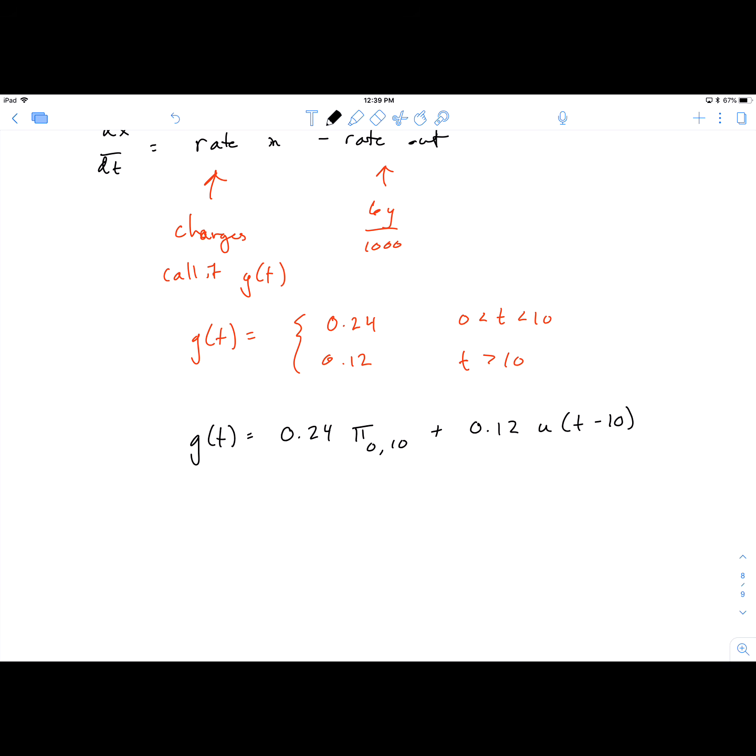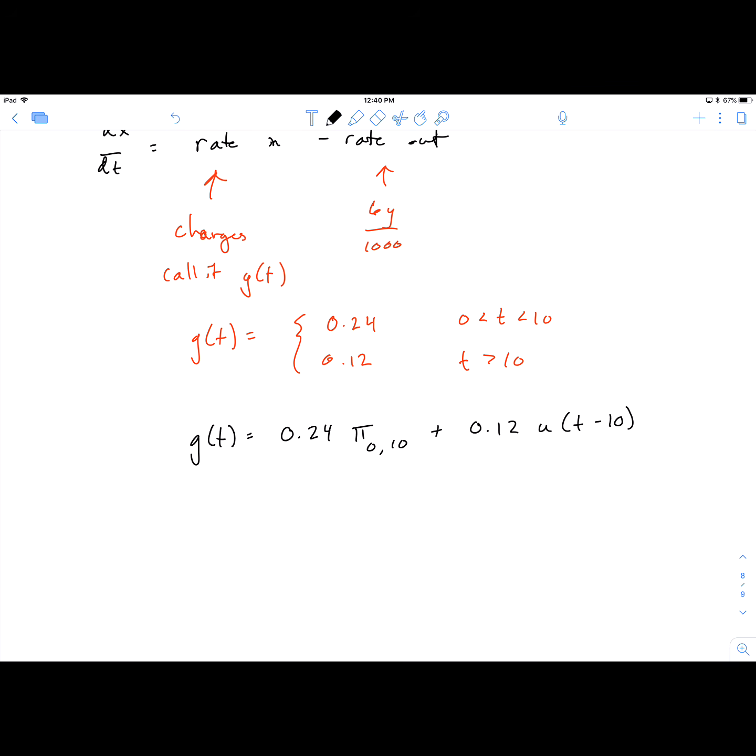So that's another way to write down g of t. The reason for doing so is that we can use what we know about the Laplace transform of the pulse and unit step functions. Before we talked about those, we could also have found the Laplace transform of this the hard way, doing the integral manually. But this, of course, is easier because we can jump straight to the answer.